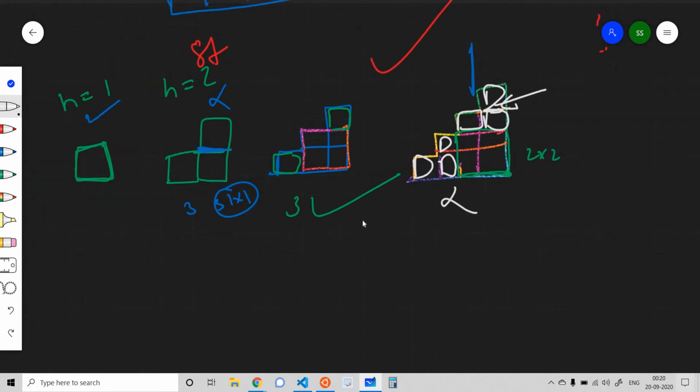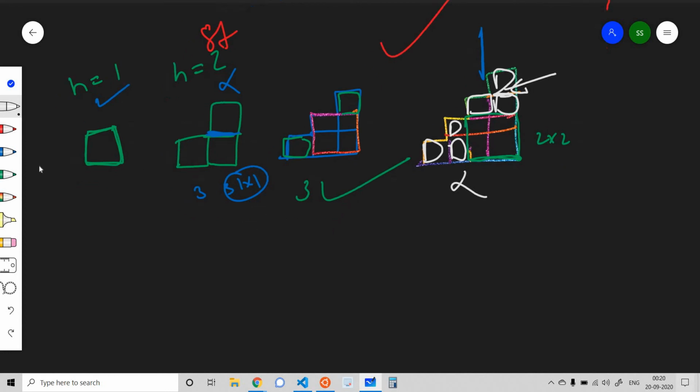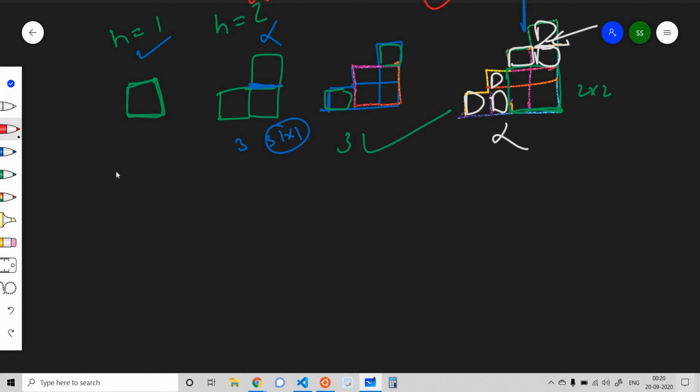If we keep on building these staircases, we see there's a pattern here. The nice staircases would be for n equal to 1, 3, 7, 15, and if we add, 31.